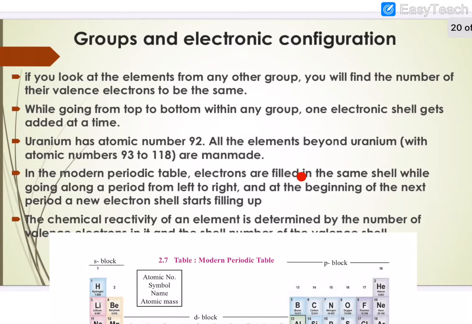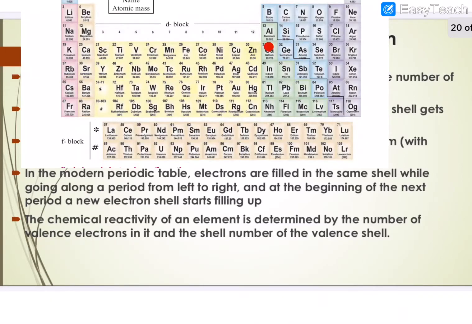So in the modern periodic table, electrons are filled in the same shell while going along a period from left to right. The horizontal rows are called periods. So in a period, when we go from left to right, the electrons are filled in the same shell, meaning there is no increase in the number of shells like we have seen in a group.